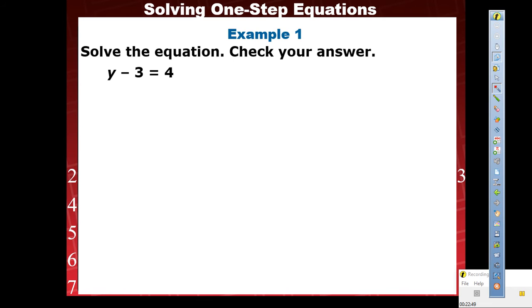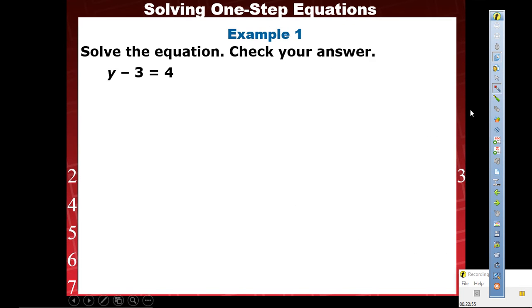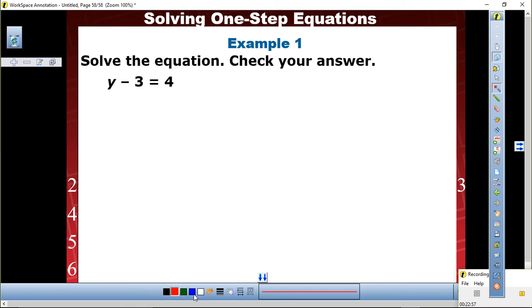Example number 1 says, solve the equation and check your answer. To remember that this comes from balanced scales, I want you to draw a line down the equal sign, and that would get your imagination thinking left side and right side. Do you guys see it? So with that said, step 1 says simplify each side of the equation. Can we simplify this side anymore?